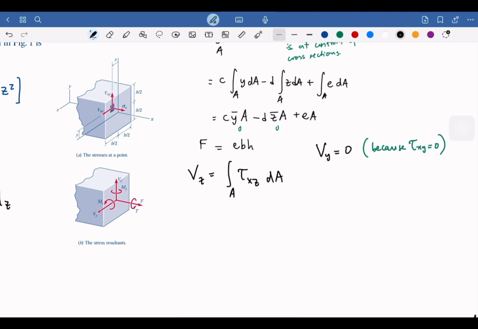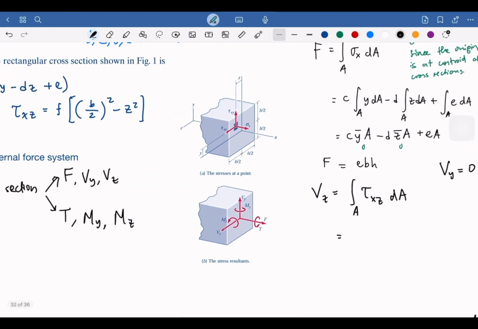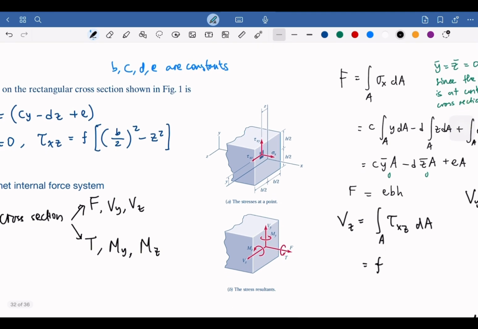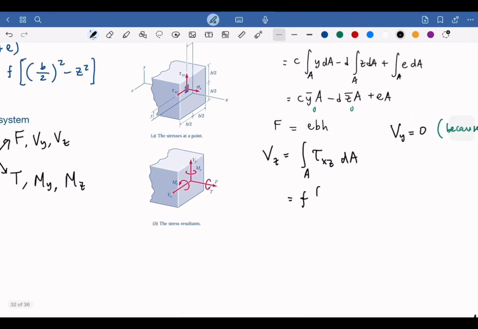Now phi z, based on the formulations, is f. F is the constant, or let me write here, f is also constant. And then integrations with respect to A, b over h squared minus z squared, and then dA.